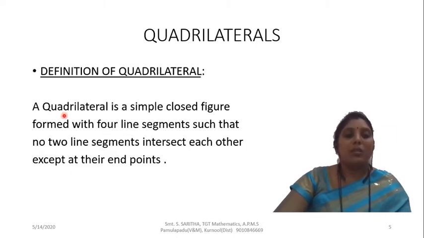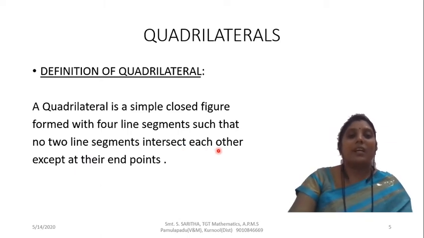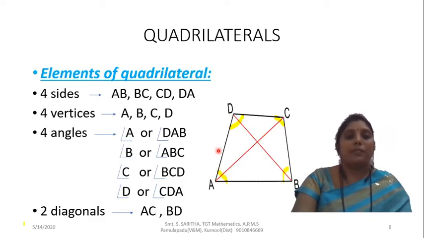So, the definition of a quadrilateral is a simple closed figure formed with 4 line segments such that no 2 line segments intersect each other except at their endpoints.